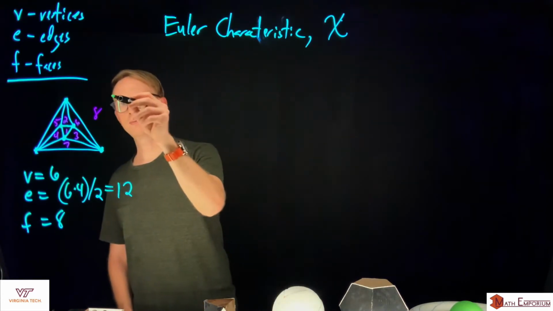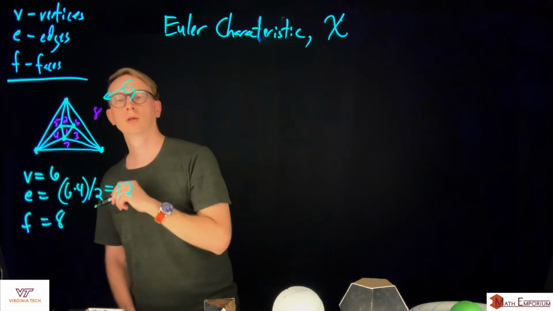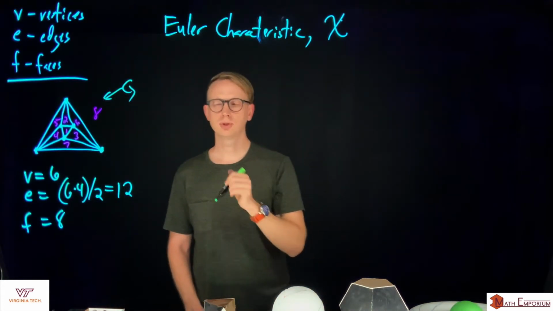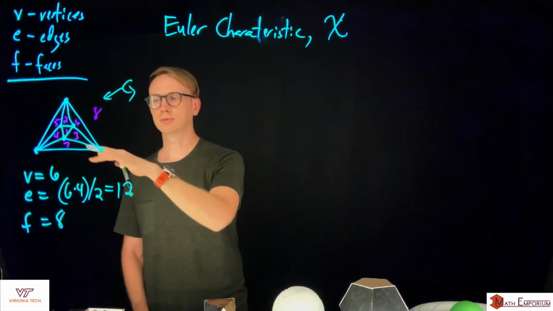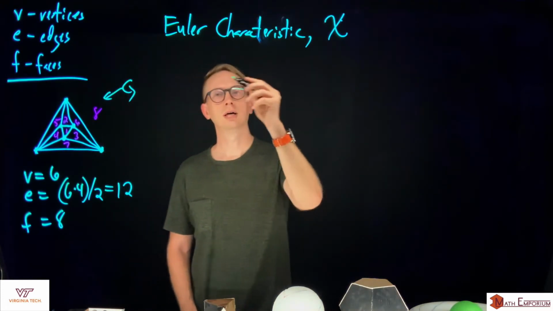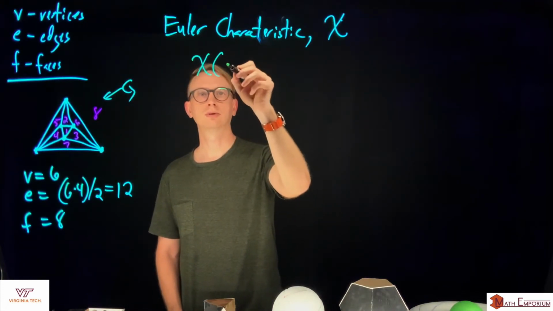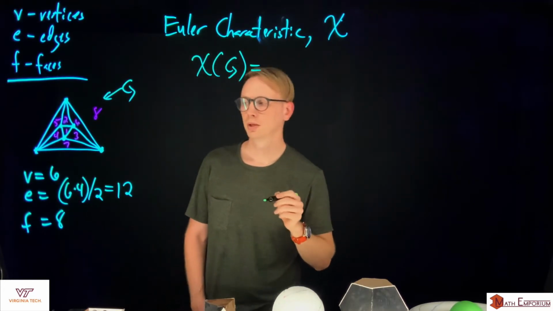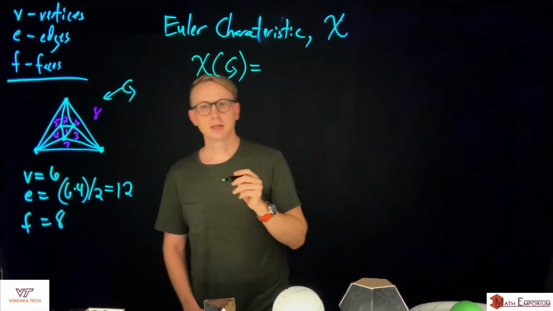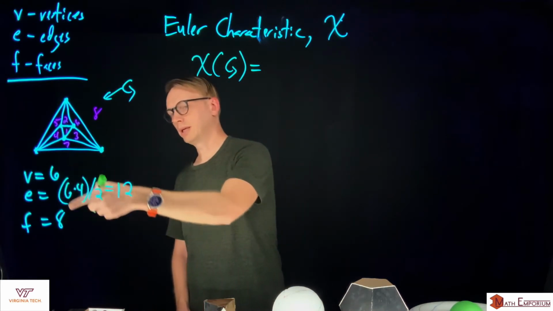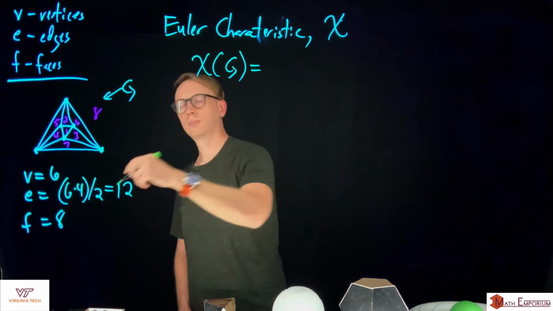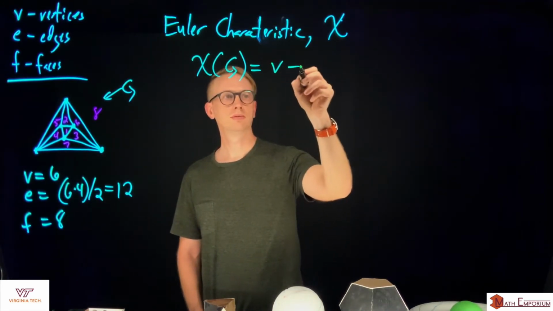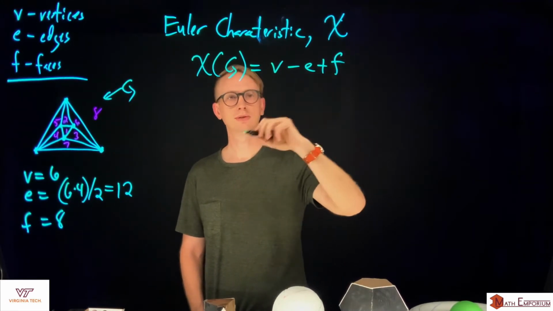All right, let's call this graph G. And keep in mind, there's more than just G. It's how I drew G that is also important. But we're going to calculate something called the Euler characteristic. It's just attributed to Euler. And we're going to do something kind of strange. We're going to put together these numbers in a specific way. We're going to take the vertices, subtract the edges, and add the faces.